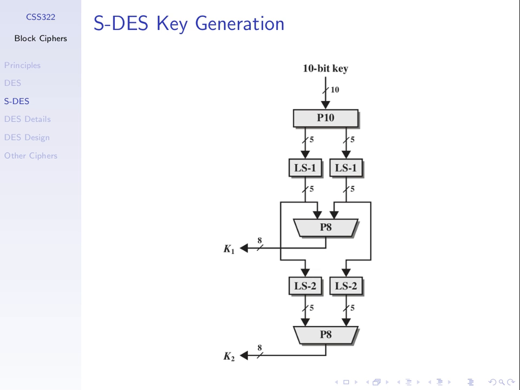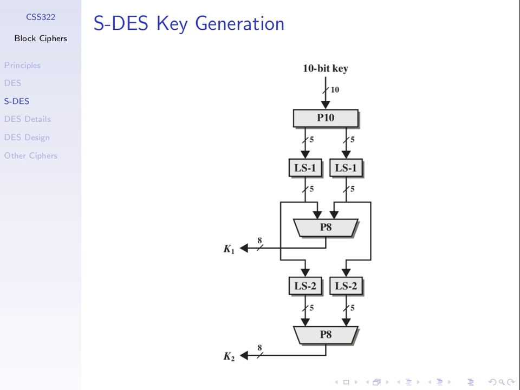Now we have two sequences of 5 bits in length. LS1 is a left shift, by 1 position. Take these 5 bits and apply a left shift, which means this bit wraps around to the end.